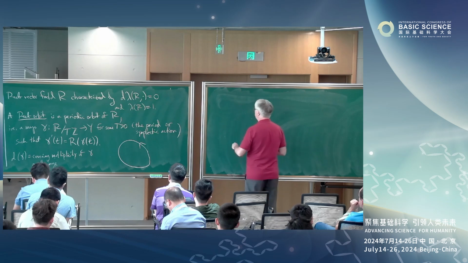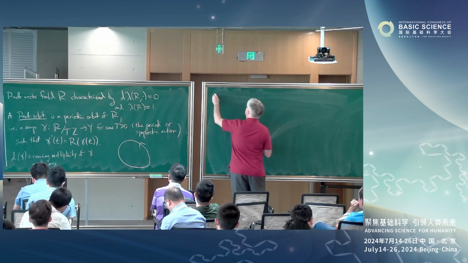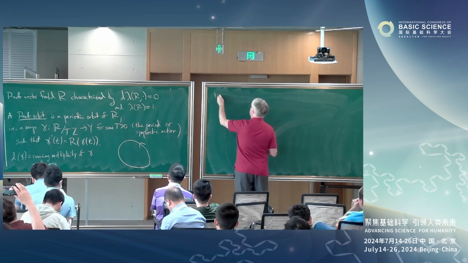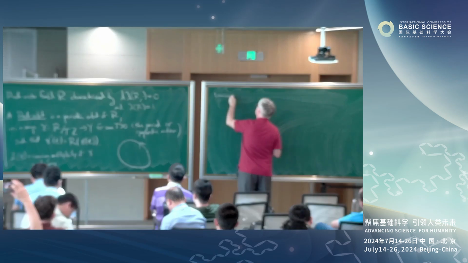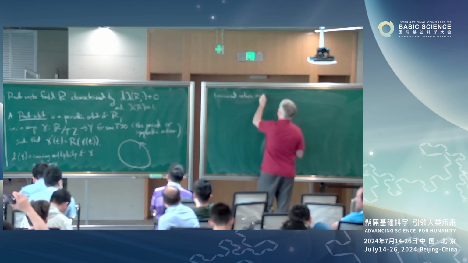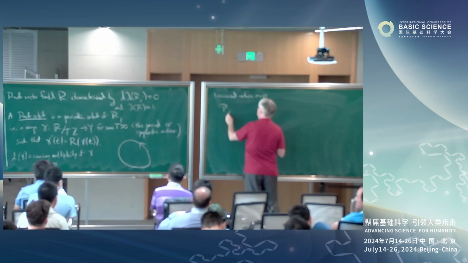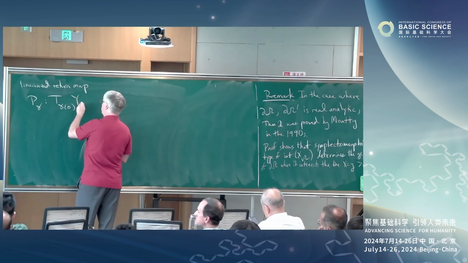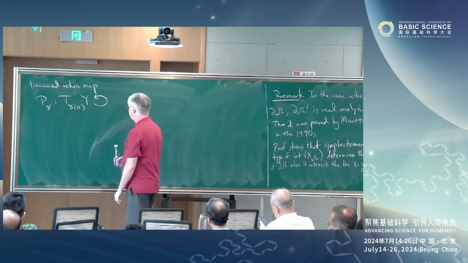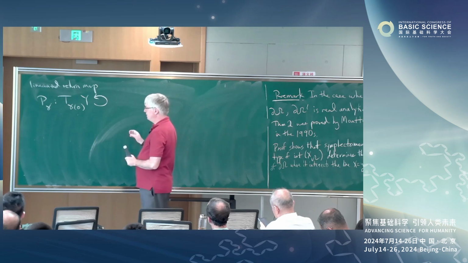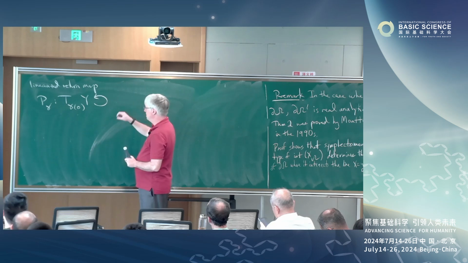Now, if you have a Reeb orbit gamma, there's a linearized return map, which I'll denote by P_gamma, which goes from the tangent space to Y at gamma of 0 to itself. So this is the derivative of the time T Reeb flow.